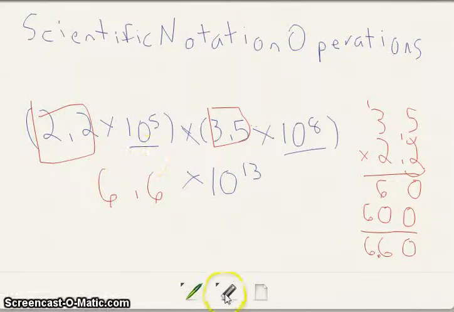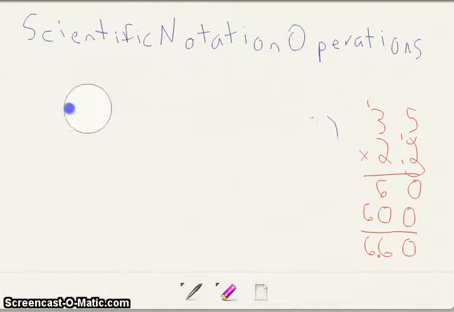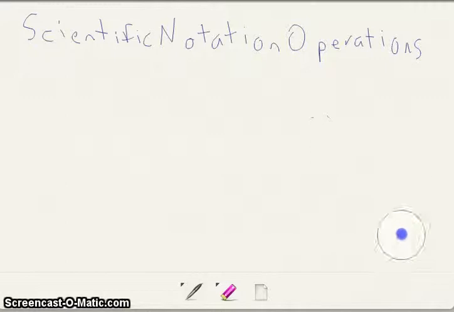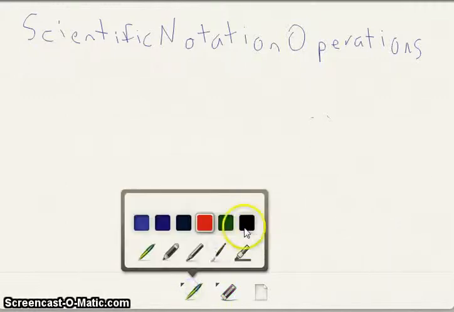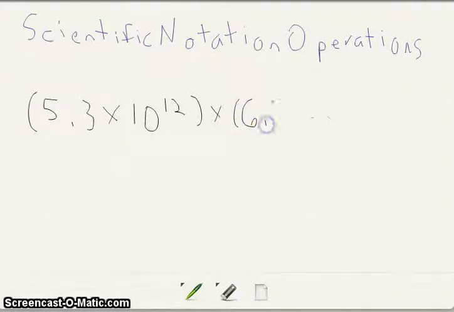So let's try another one. So let's say I start with 5 and 3/10 times 10 to the 12th, and I'm going to multiply that by 6 and 1/10 times 10 to the 10th.